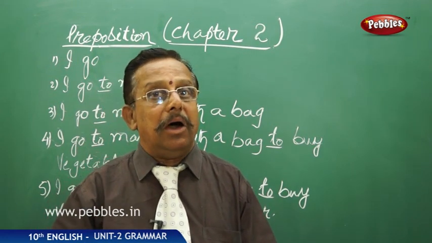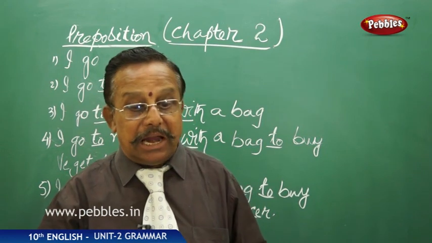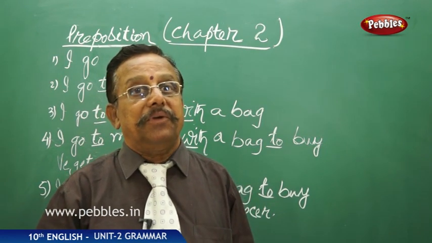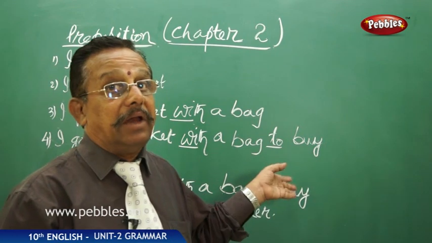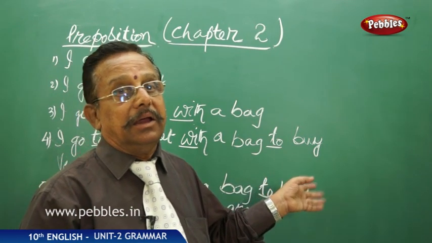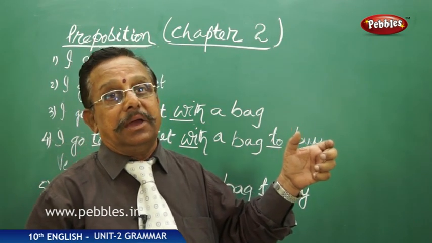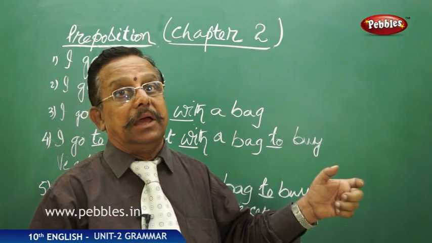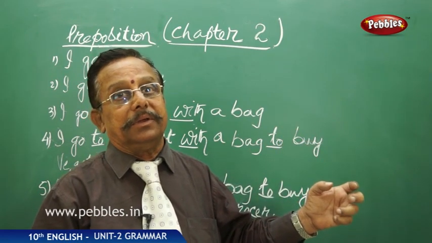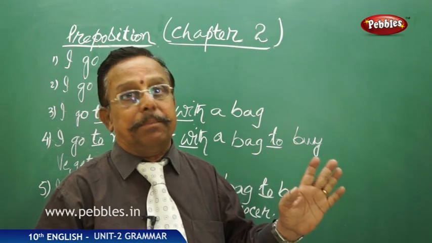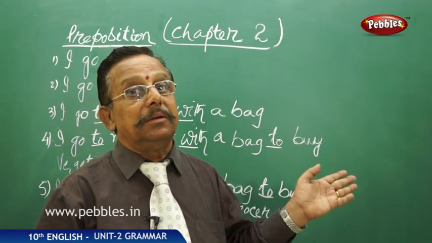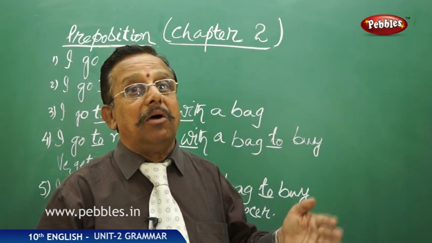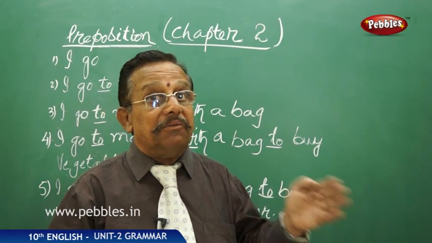And the third one we have is prepositional phrases. Phrase, we talked about yesterday in our last class. What is that? It is a group of words having a certain purpose and a complete meaning, right? It doesn't contain any verb. That is called a phrase. Here we have prepositional phrases.